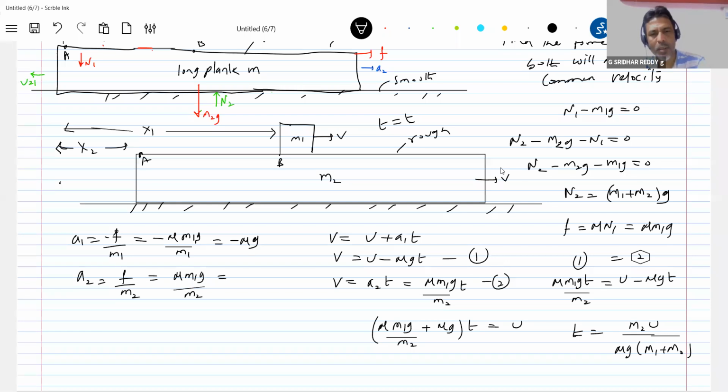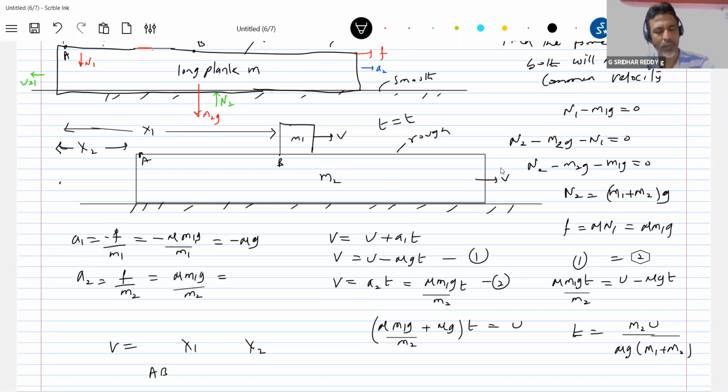After this time, what happens? They'll continue moving. How long? Due to inertia of motion, they'll continue with their uniform velocity motion. How to calculate all things, like x1? Once you know the time, you can get all the other things. Now substitute this t here to get the velocity. So you can calculate velocity, x1, x2, and also the distance AB. What is AB?